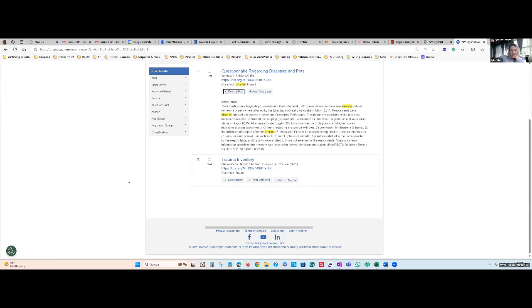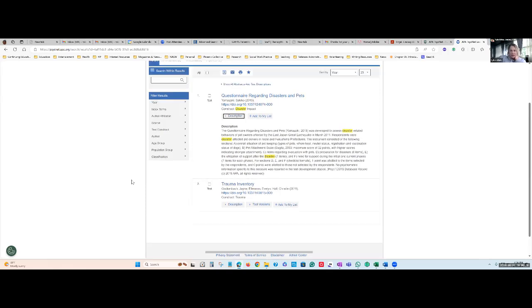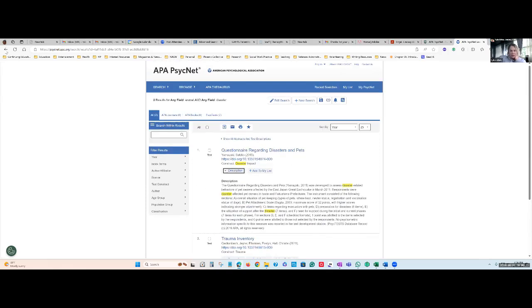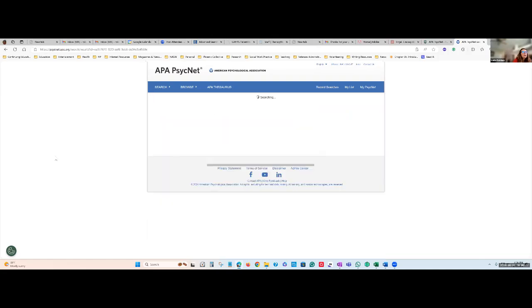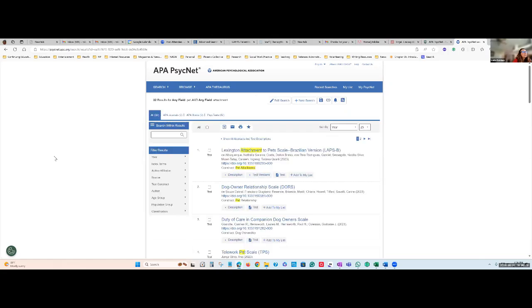Have you ever heard of a pet attachment scale? No, it's a thing, apparently. I could see that being important to reflecting on if people look at their animals as only a pet or if they think of them as a family member.